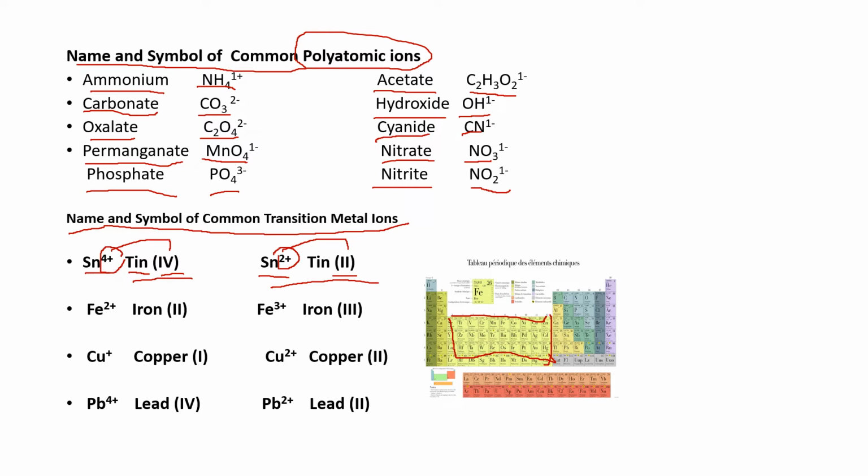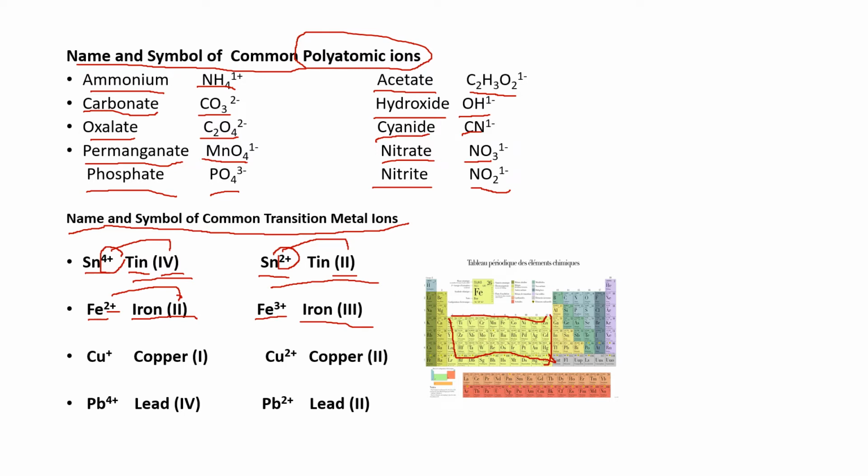Likewise, iron(II), the symbol is Fe2+. Again, the 2 oxidation number is indicated as Roman numeral 2. Iron(III), the symbol is Fe3+.